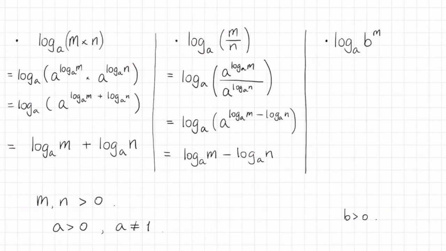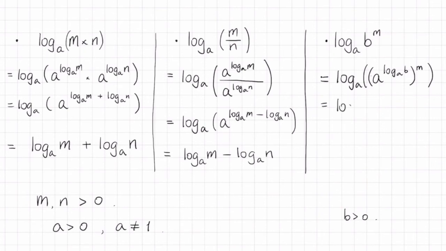Okay, and here I'm going to write b as a to the power of log base a of b. And then it's b raised to the mth power, so it's going to look like that. And using the exponent rules, I'm going to multiply the exponents because it's raised by m.